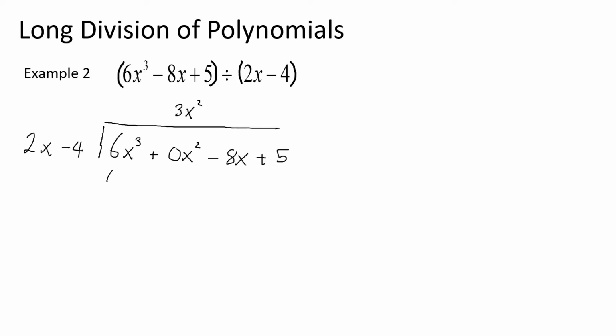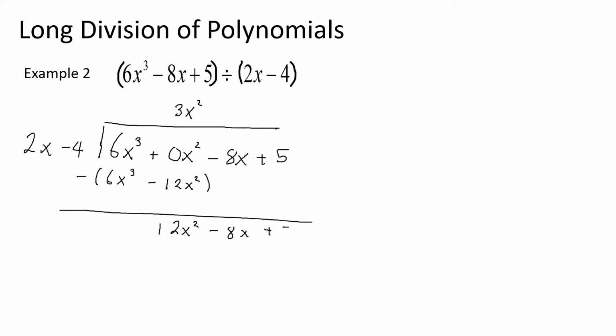So 6x to the third minus 12x to the second power. And then we're going to subtract. This will become 12x squared minus 8x plus 5. Repeat the process.